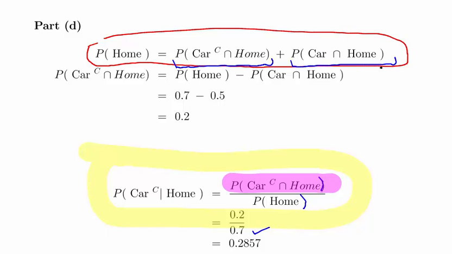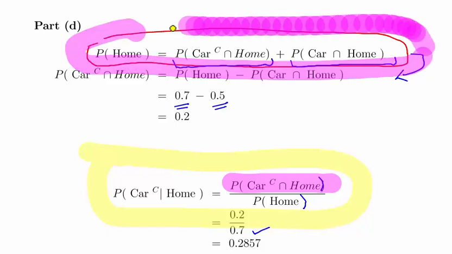We know 70% are homeowners, and 50% are car and home policy owners. So 7 out of 10 have home insurance, and 5 out of 10 have both. The formula I have highlighted should be straightforward enough when you think about it.